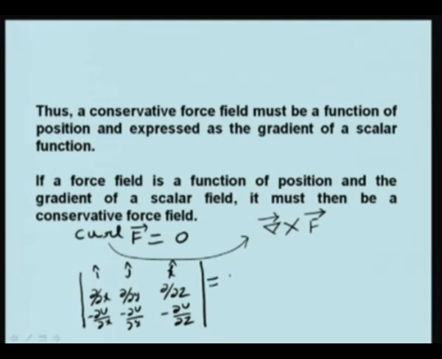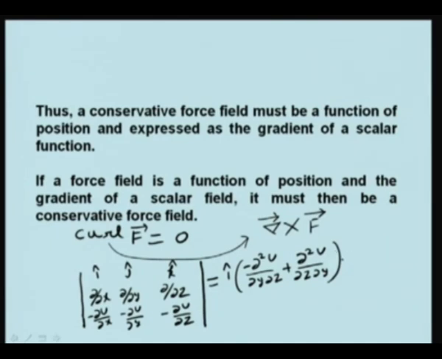Therefore, this becomes i times (minus del squared U by del y del z plus del squared U by del z del y). But for continuous U, this term will become 0.